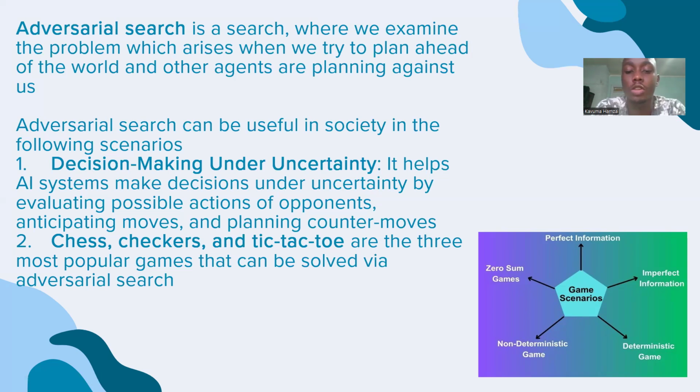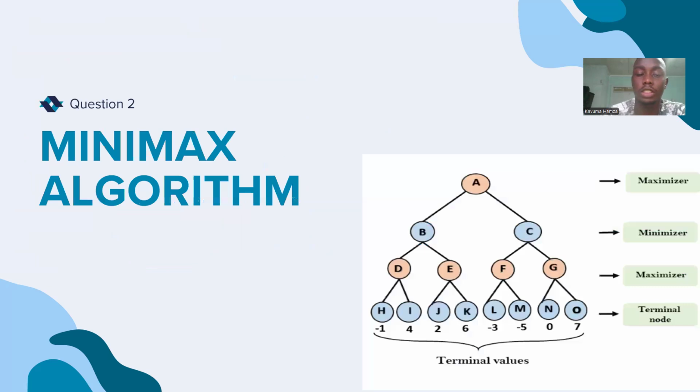They're also used to develop the graph trees of chess, checkers and tic-tac-toe, which are the most popular games that can be solved using adversarial search.